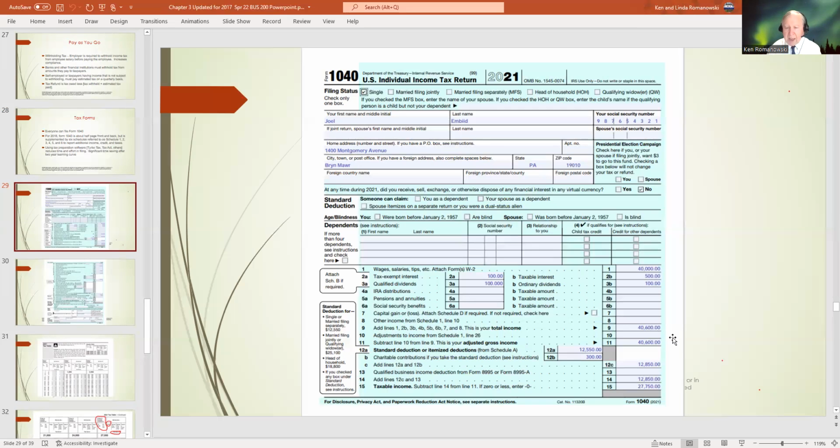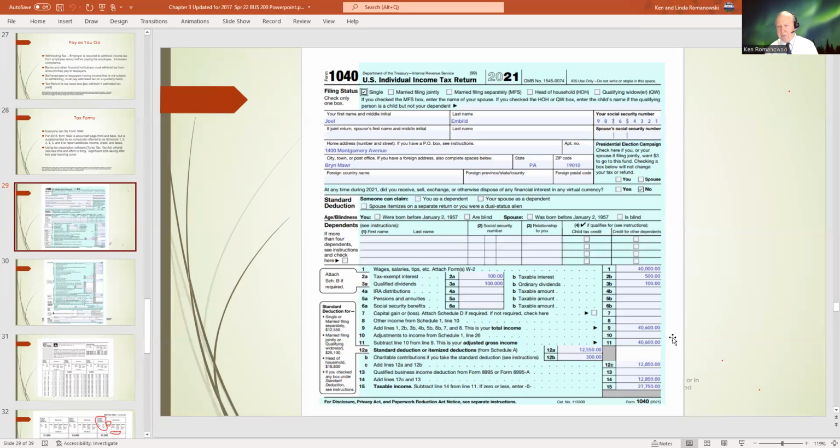It just so happens that for 2021, for a single person, and Joel Embiid is reporting that he is a single person, his standard deduction is $12,550. That's what he is allowed to deduct as a single person. If he had itemized deductions that were higher than $12,550, he would put that number here.